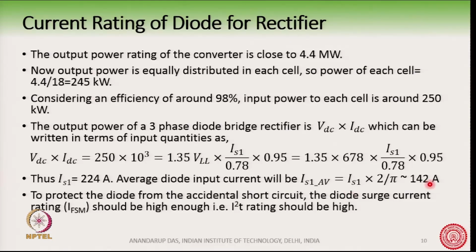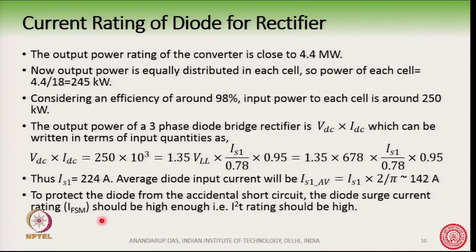This is what is given in the data sheet of diode rectifiers, and accordingly you can choose which diode to use. Again, the diodes have to bear the accidental short circuit current, and the diode surge current IFSM should be high enough. IFSM of diodes are very high.